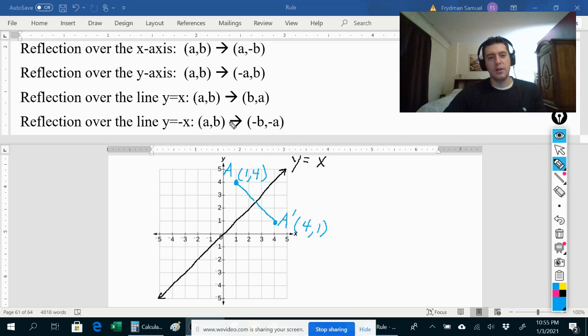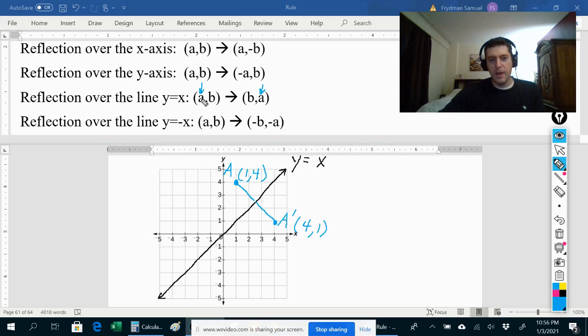So what happens here? What did I write over here? (a, b) goes to (b, a). What do I mean by that? I mean that whatever the x-coordinate was in the original point, that's going to be the y-coordinate of the image. Remember, whatever number comes first is the x-coordinate, and whatever number comes second is the y-coordinate. So here a came first, so that was the x-coordinate.